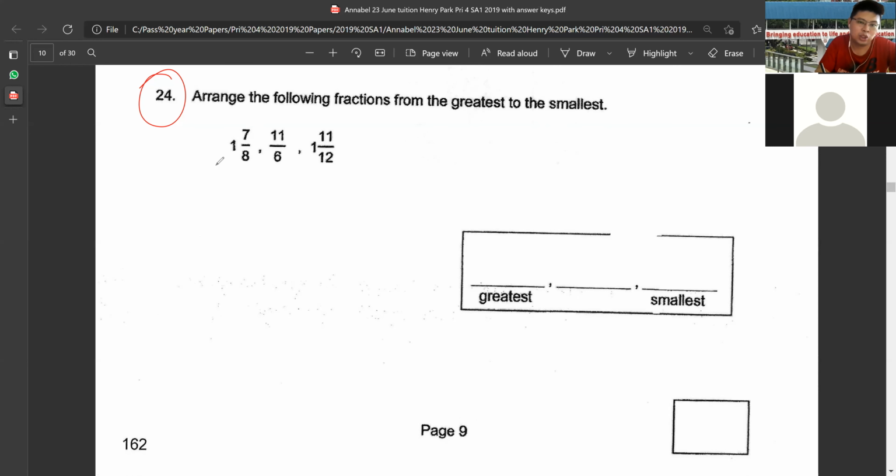Then you change to improper fraction, you have 15 over 8. Yes, 15 over 8.